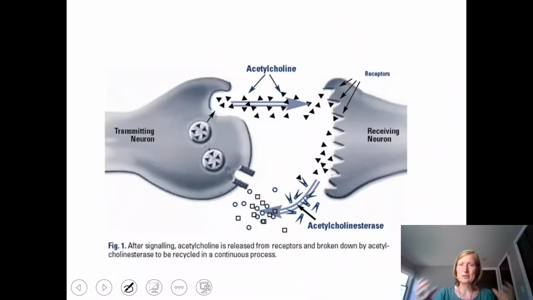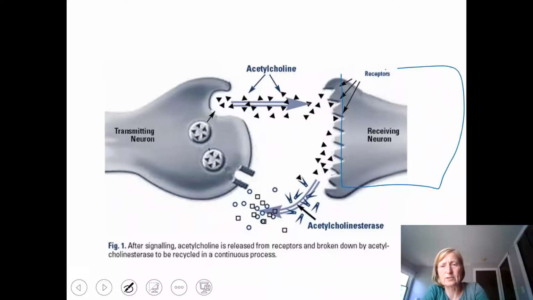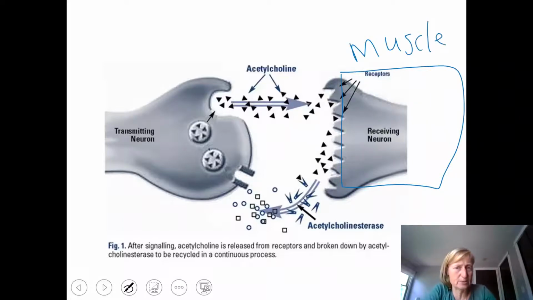Now, in order to figure out what this enzyme does, let's take a look at this picture here. Here we've got two neurons. We could also think of this as being a muscle cell. Let's do this one as a muscle cell. A neuron interacting with a muscle.